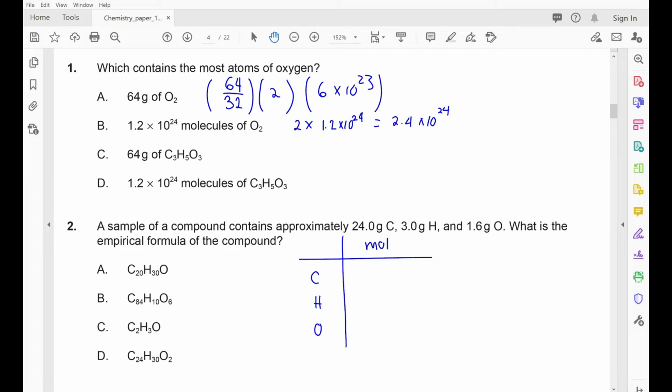C3H5O3, there are 3 oxygen atoms per molecule. So we find the mole first. 64 gram divided by the molar mass, which is 89. And then times that number by 3, because there are 3 times the number of oxygen atom, times the Avogadro's number.